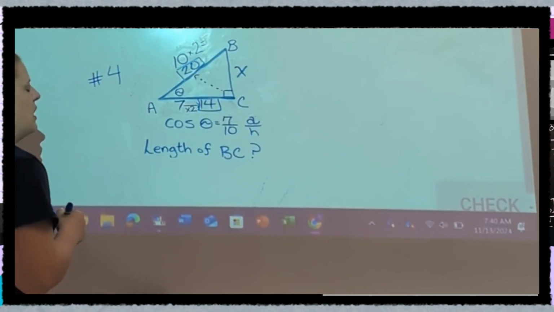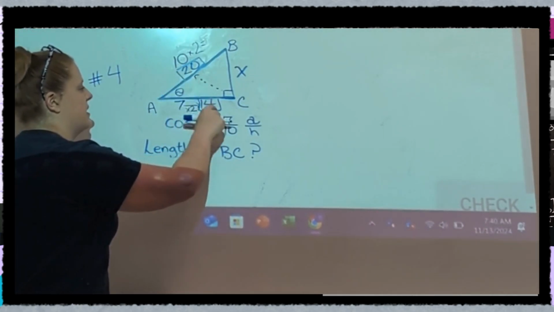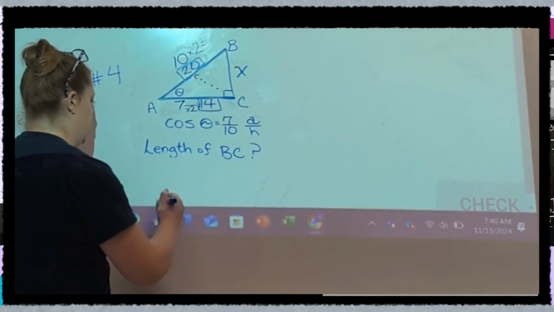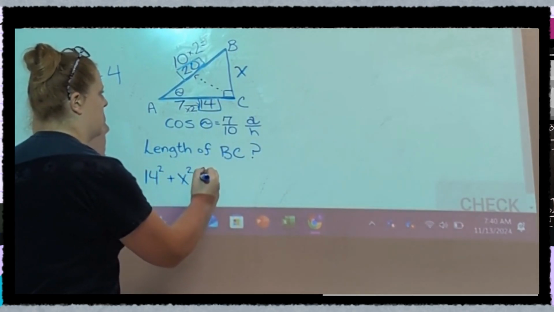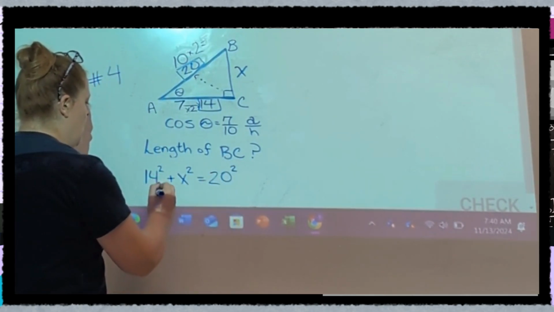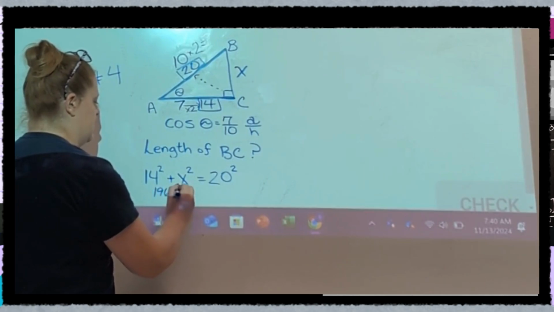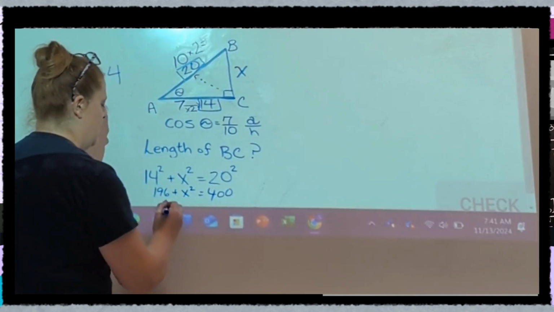We need to find it. Here we're going to use the Pythagorean theorem. If you know 2 legs and you're looking for the third of a right triangle, that's what you're going to do. So we have 14 squared plus x squared is equal to 20 squared. That's 196 plus x squared equals 400.